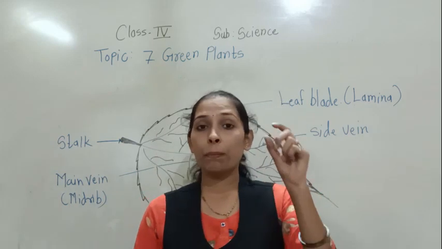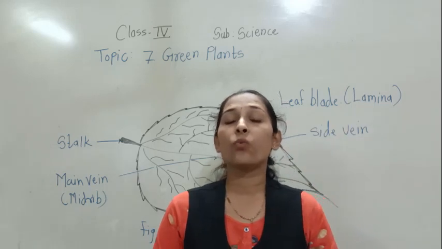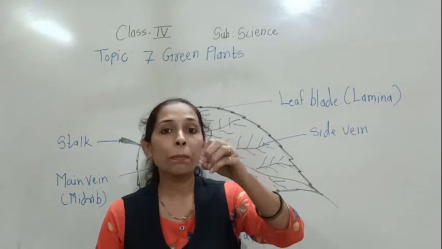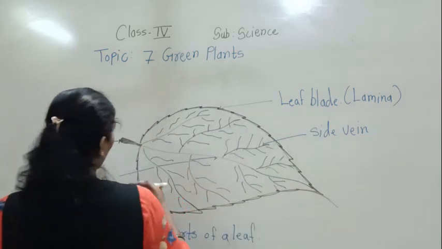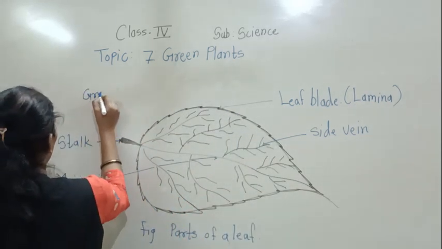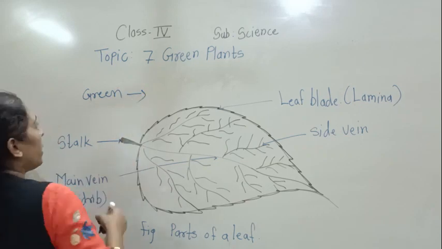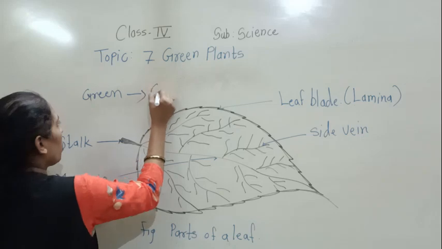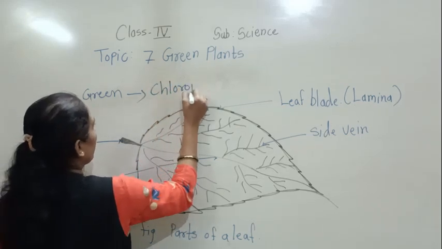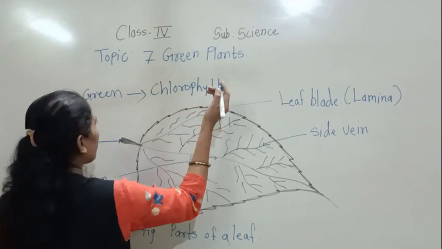Yes, because the plant's leaves have one type of colorful pigment in them. The green color pigment is present in the plant, and the name of that pigment is what? Chlorophyll.